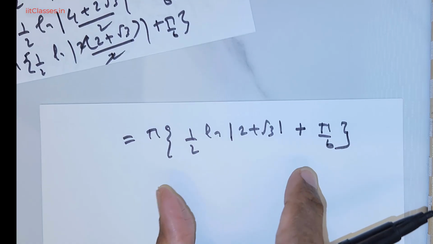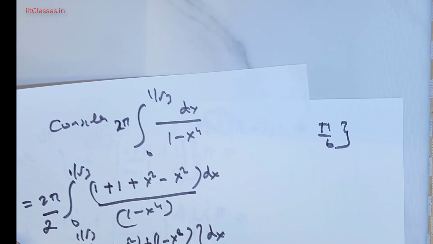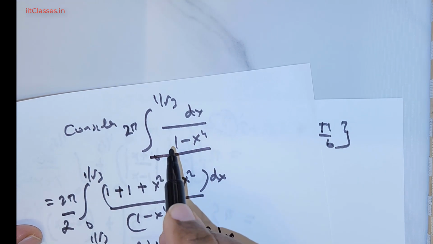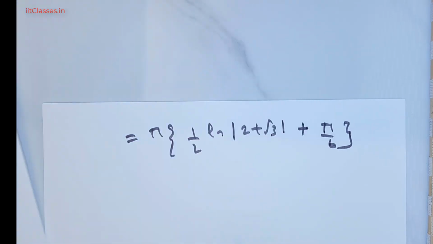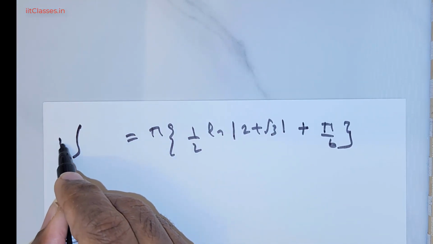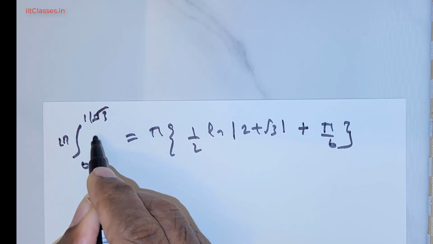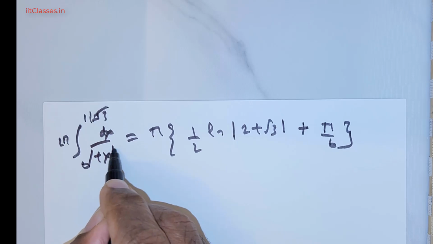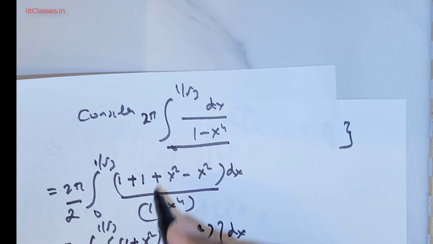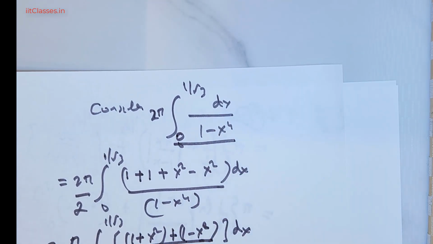Now we got all of this because we have to integrate this. Now after we have integrated, so what is this? This is nothing but 2 pi integral 0 to 1 over root 3 dx divided by 1 positive x to the raised to power 4. Now this is actually 0 here, right? It's understood.